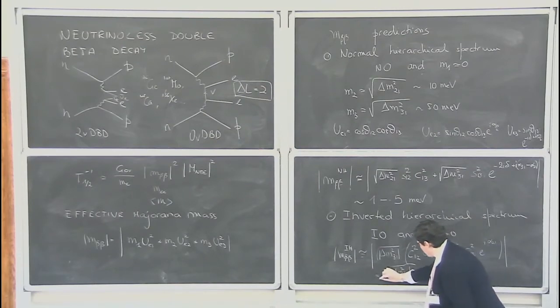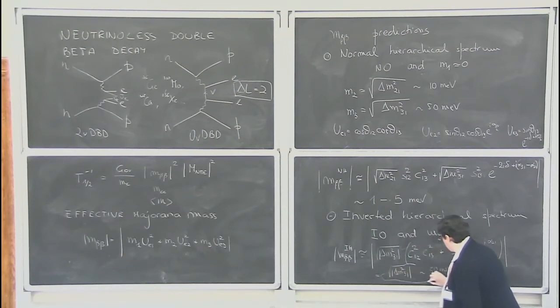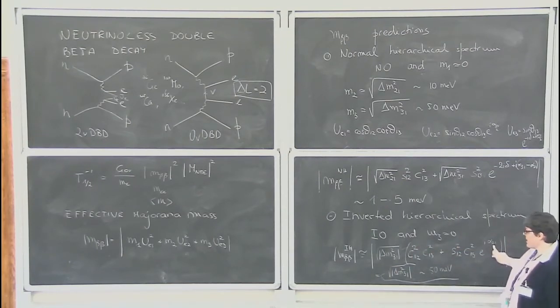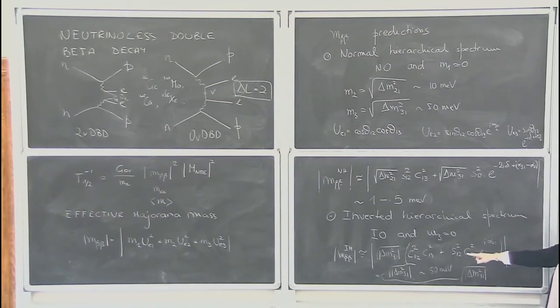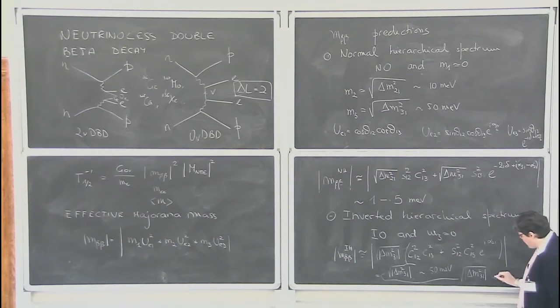And if instead, so this is one case, and the other case is when this phase is pi, then I have a minus sign, so I will get the square root of the modulus of delta m square 3, 1, multiplied by cos square theta 1, 2 minus sine square theta 1, 2, which is the cosine of 2 theta 1, 2. If you remember from yesterday, this angle cannot be maximal.